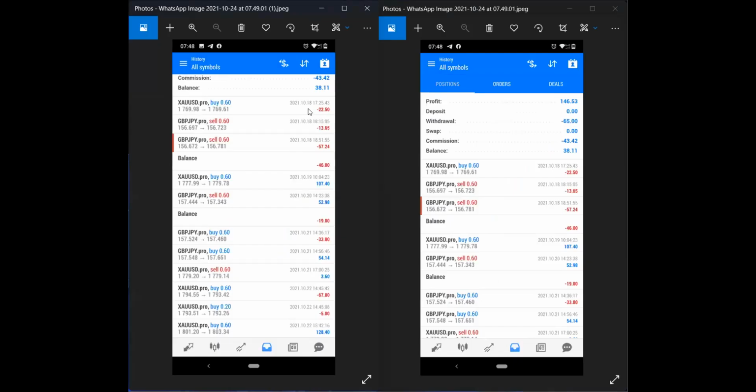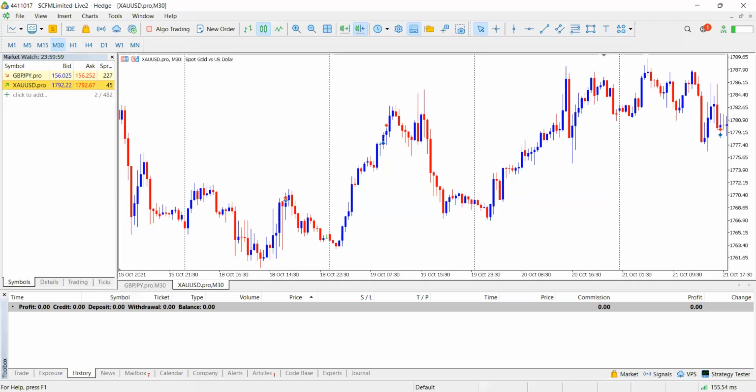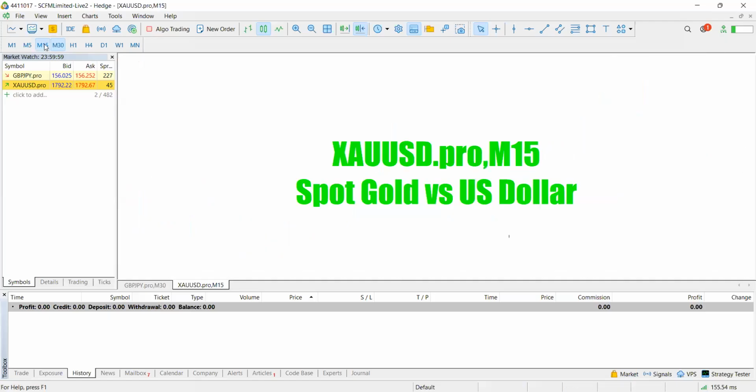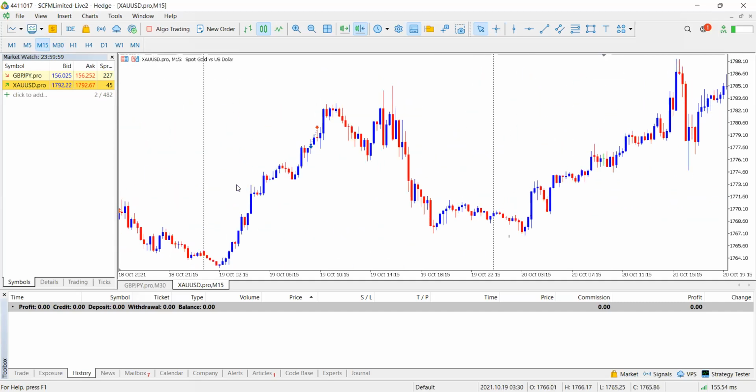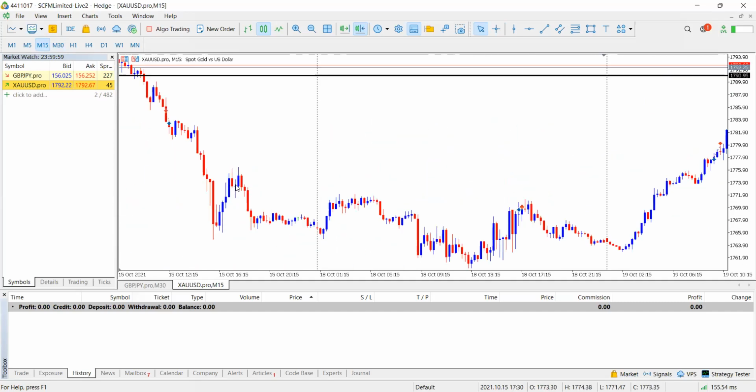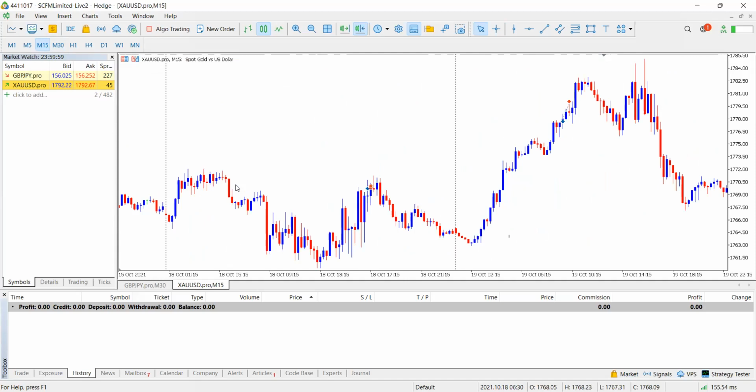Hiyo ilikuwa hapa 17:25. Wacha tuangalie hapa Monday on 18th. On 18th ndio hii. Sijui ni aje siku rekodi. Maybe nilikuwa natoka job.